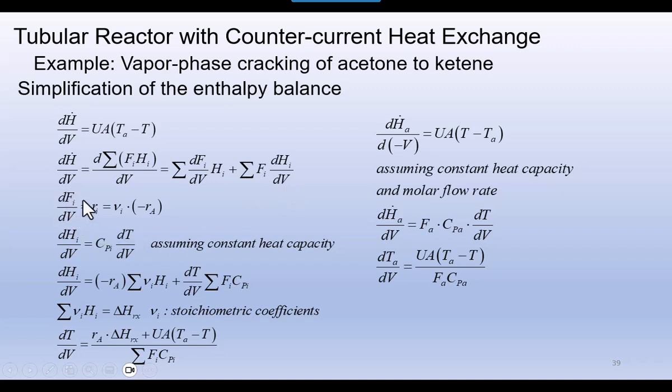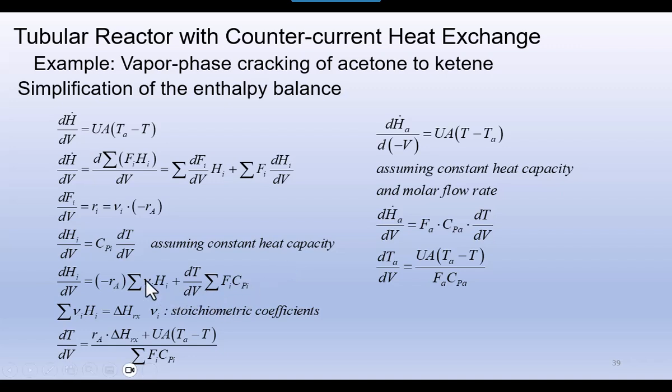The flow rate of a component is given by the rate of reaction, which would have a stoichiometric coefficient. And then we can take each of the HIs and simplify them by assuming constant heat capacity, to a derivative in volume.